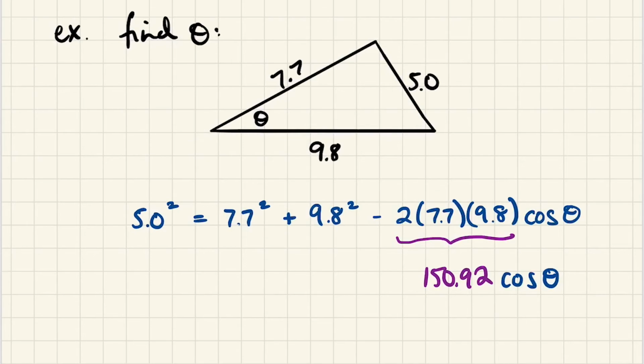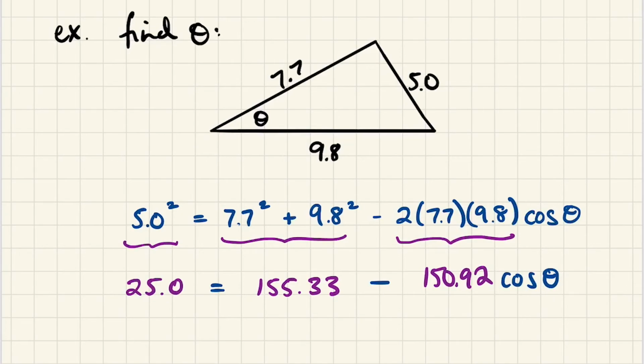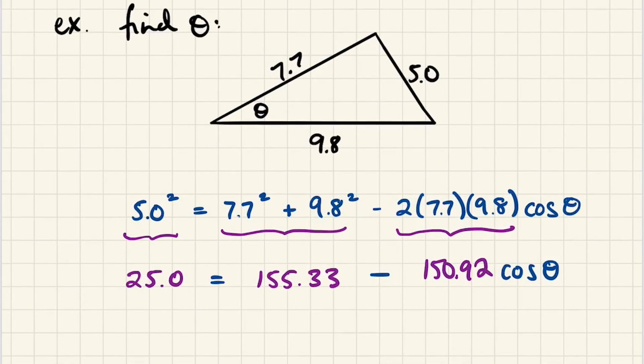Okay, we should also do that in a calculation. 7.7 squared plus 9.8 squared, I get 155.33. Okay, and then we're subtracting the 150.92 cosine theta. And then we should, of course, also do this calculation, which we can see is 25.0 without a calculator, of course.